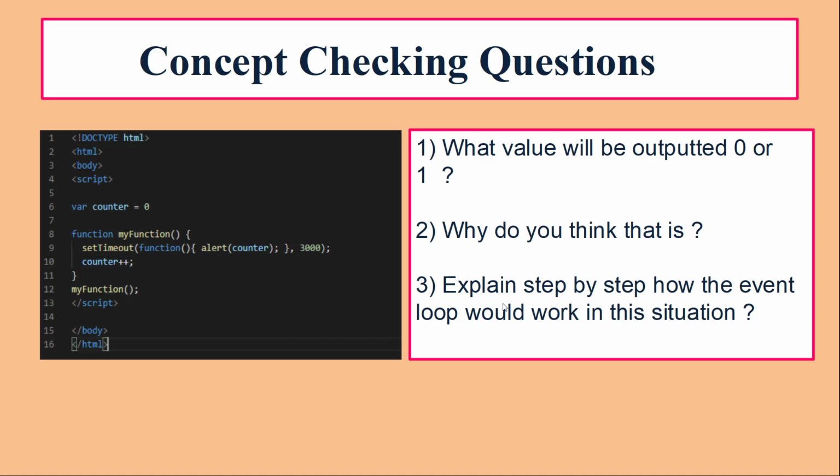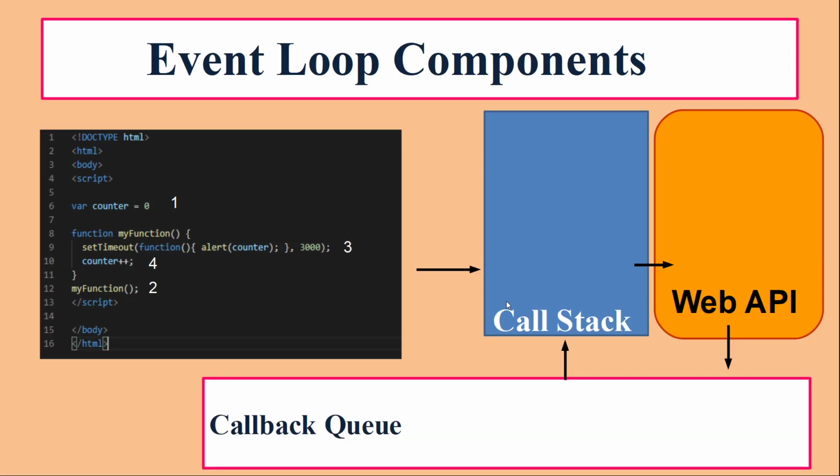So let's have a look at this step by step. We put that counter on the call stack, it's executed straight away. We put that function there. It can't be executed straight away. We need to go to the function. Then this third line gets put onto the call stack.